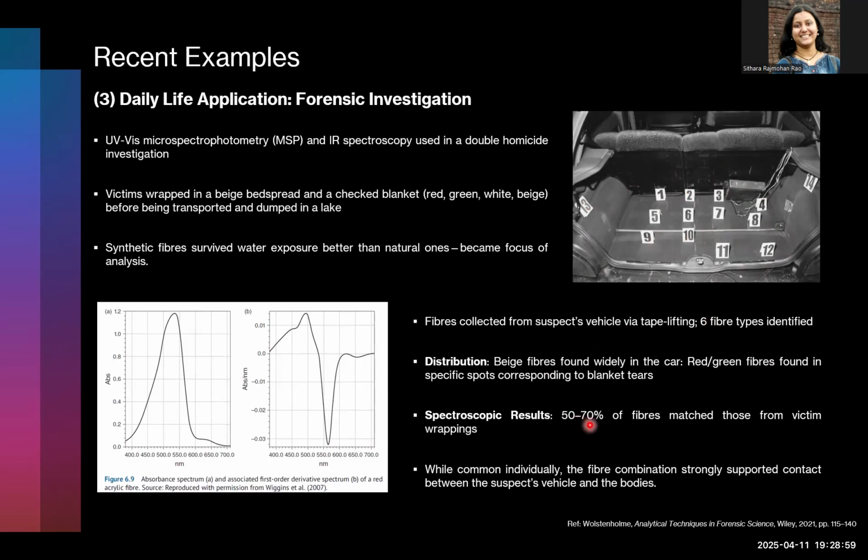The spectroscopic results showed that 50 to 70% of fibers matched those from the victim wrappings. Even though finding these fibers is pretty common, the combination strongly supported that there had been contact of those particular blankets and bedspreads with the suspects' vehicles and the bodies.